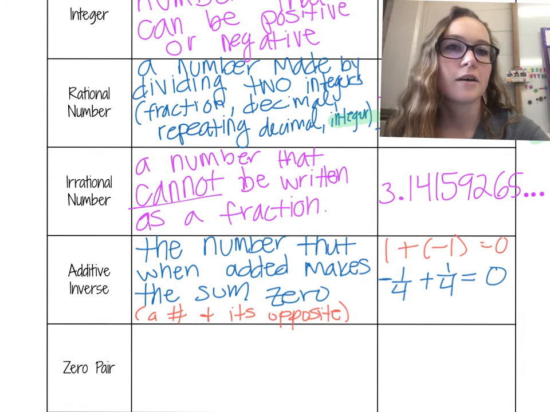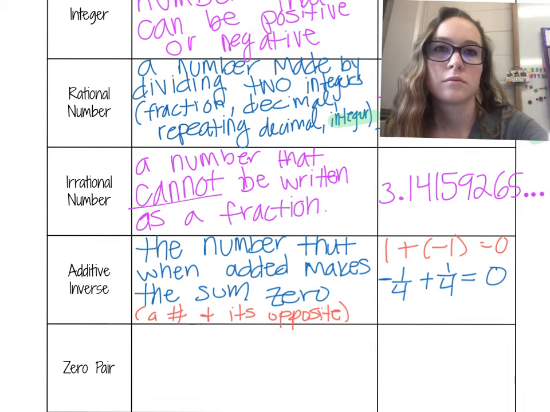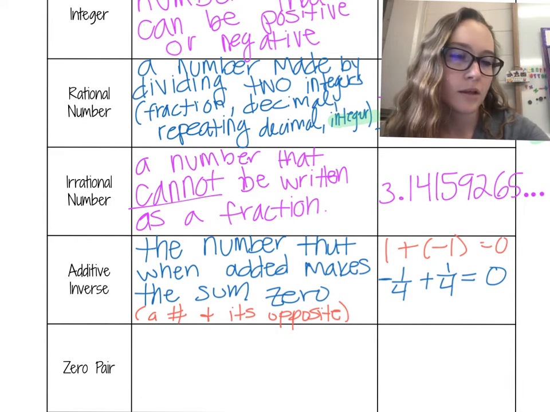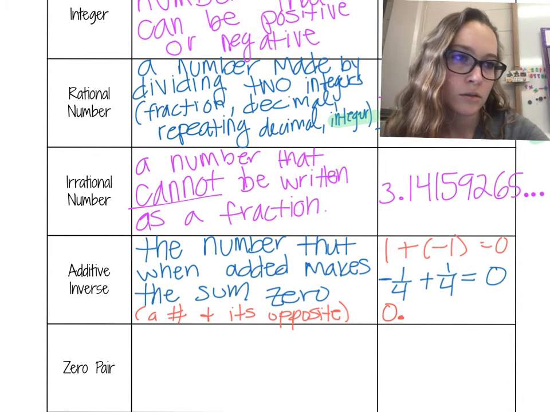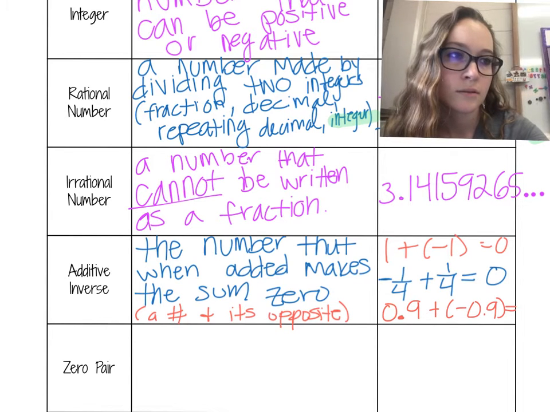If I have, now let's do 0.9, 0.9 plus negative 0.9, it's gonna be 0, okay?